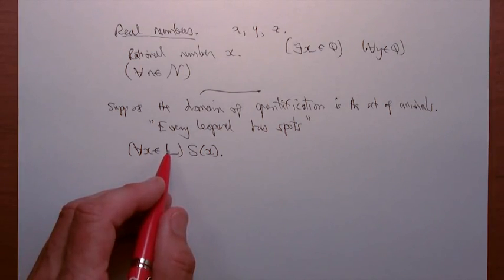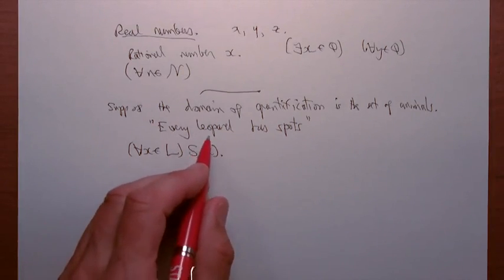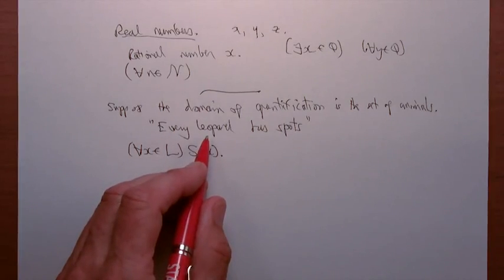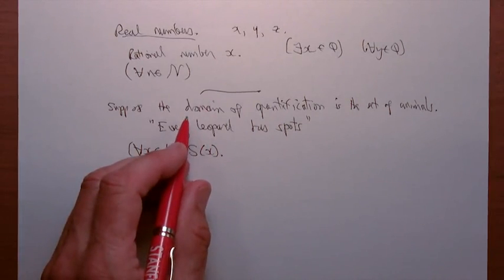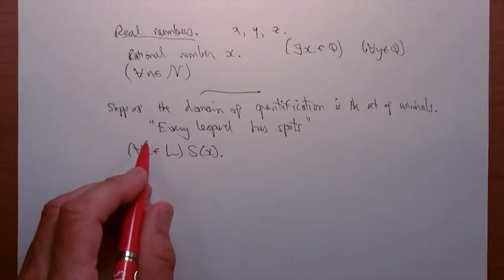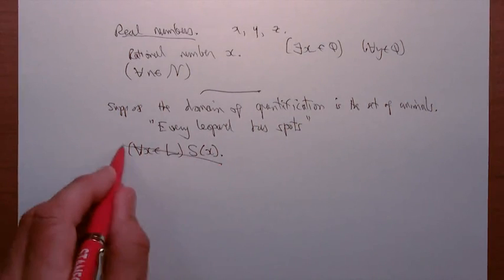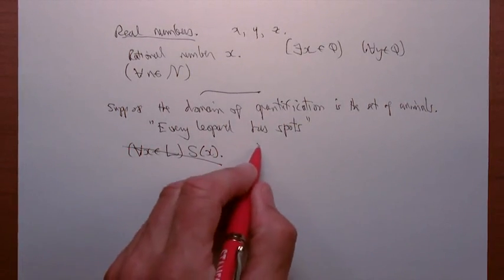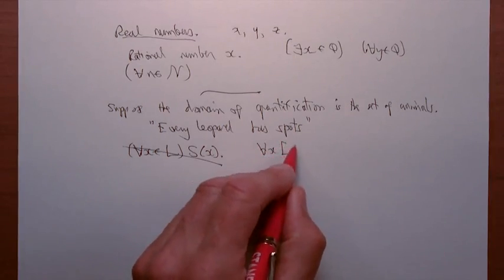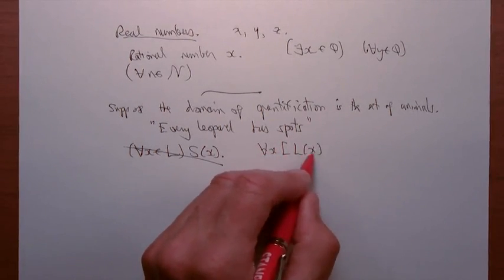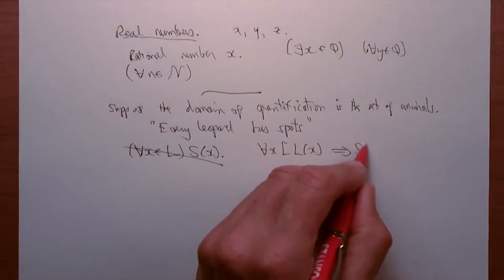Because the discussion isn't really about leopards, or tigers, or giraffes, or whatever. It's about animals. And if the discussion's about animals, then the set of animals should be the domain of quantification. So instead of writing something like that, what I should write is for all animals, if that animal is a leopard, then it has spots.